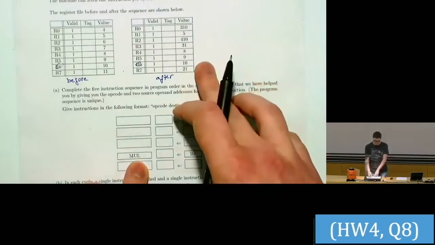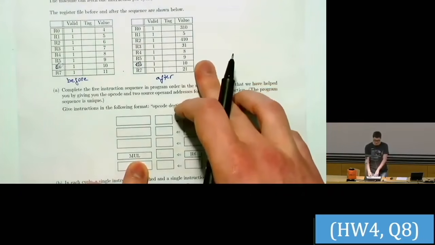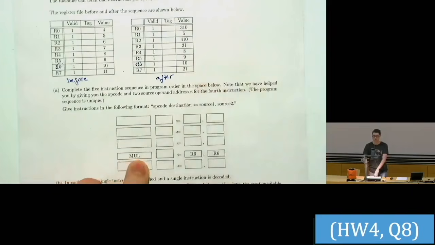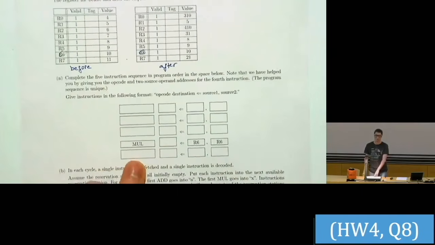But we don't see 100 anywhere in the register file, right? So some other instruction has overwritten this 100, right? And there is only one possibility because we have only one instruction coming after this multiplication instruction here. So we don't know exactly what is the destination register, but just by considering this information, we can tell that the destination registers of those two instructions are the same.